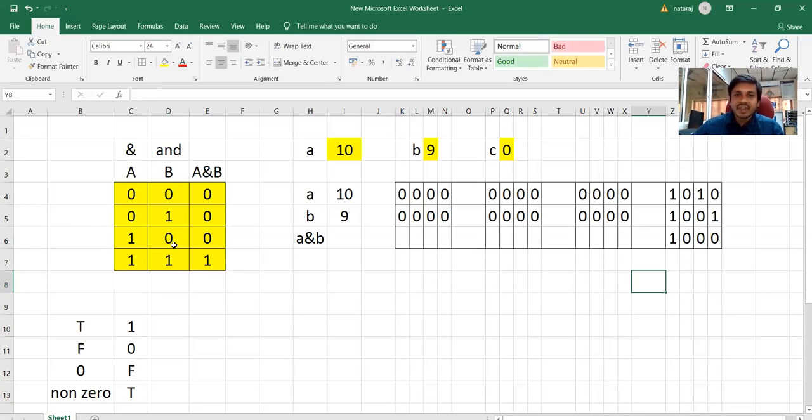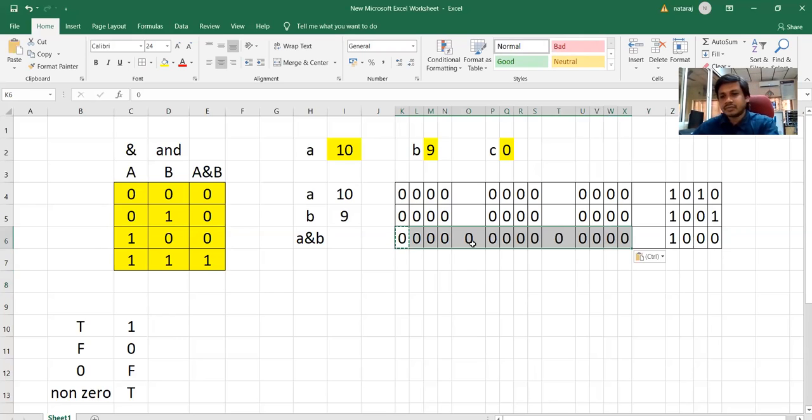All the others are zeros. So what is this value, 1000? It is 8. Such an easy way.